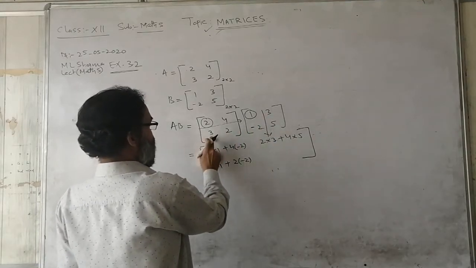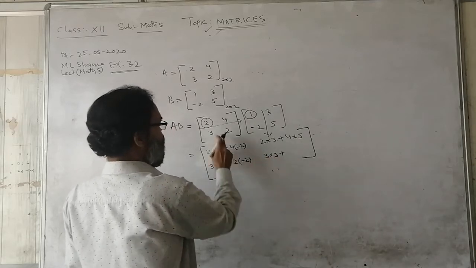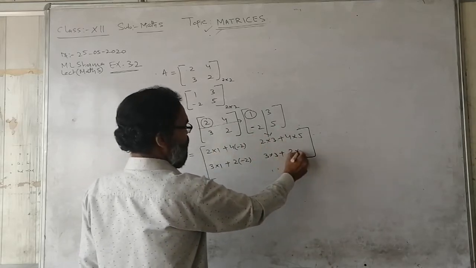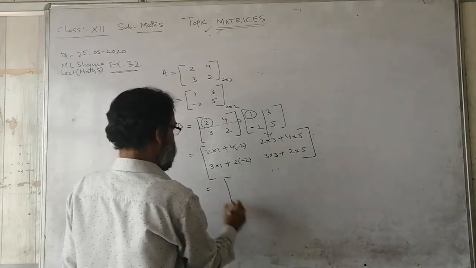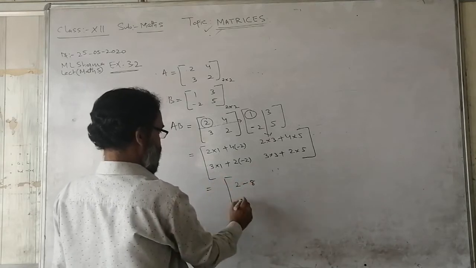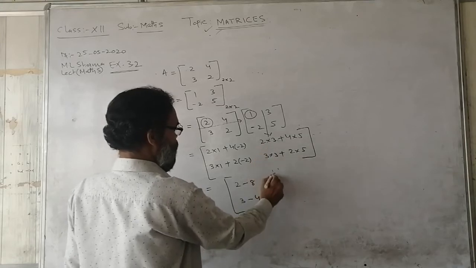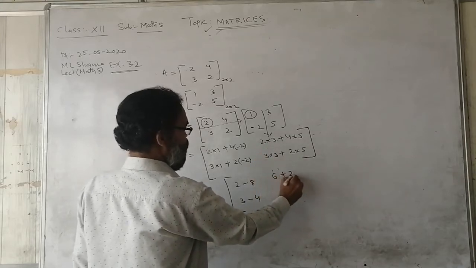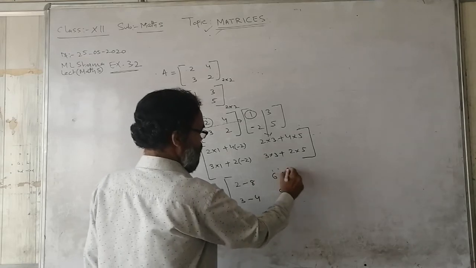So that is 3 into 3 plus 2 into 5. So this will equal 2 minus 8, here 3 minus 4, 6 plus 20, 9 here, 10 here.